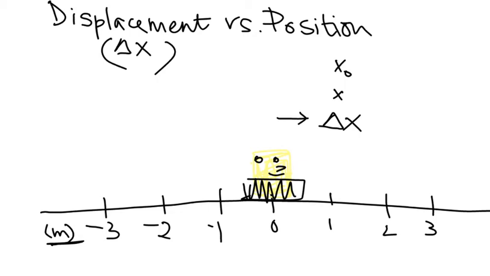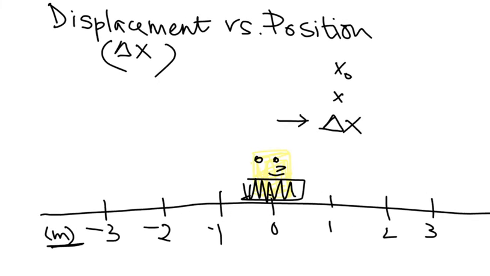Okay, so now that you've taken a moment, he started, as I said, at the 2-meter mark, so x naught is equal to 2, and I'm going to put m for meters. It's really important in physics to put our units in because there's a big difference between 2 meters and 2 inches and 2 millimeters, and we need to know which one we're talking about.